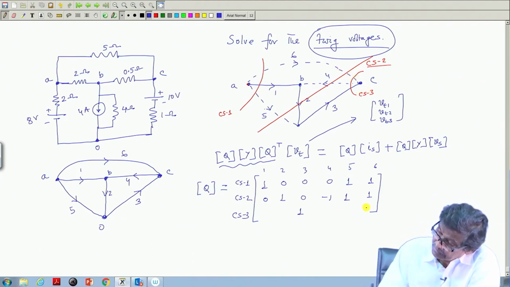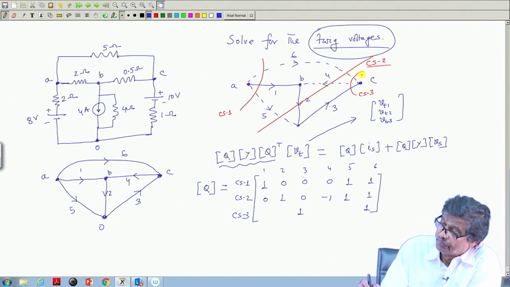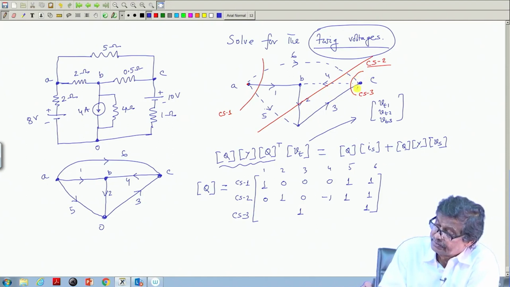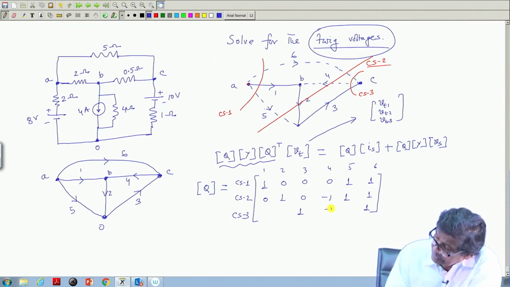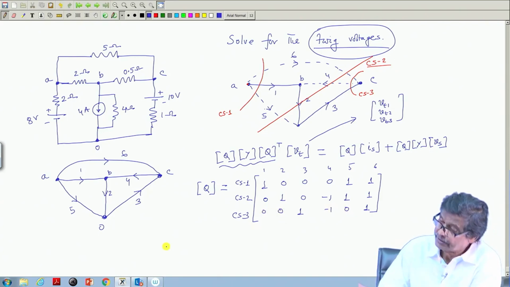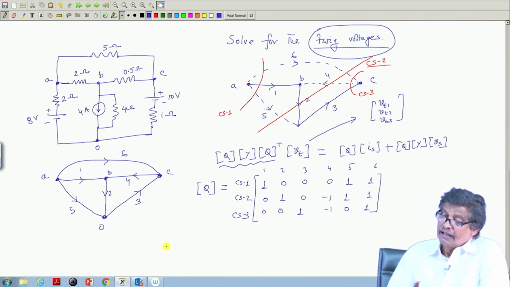So, 6 will be plus and 4 will be minus, sorry this one. So, 3 plus, so 6 is also plus and 4 is minus. So, this is how Q matrix is formed, and then I have to get the Y matrix.